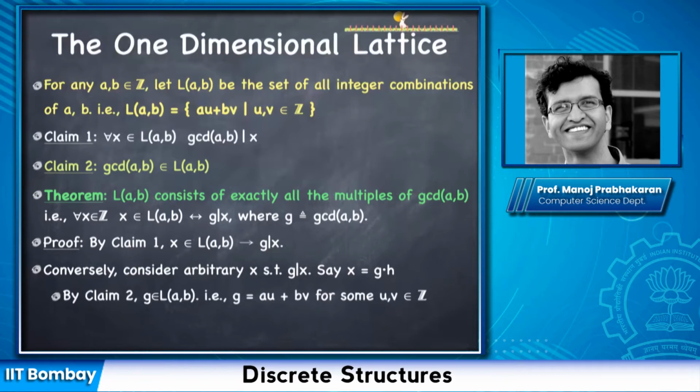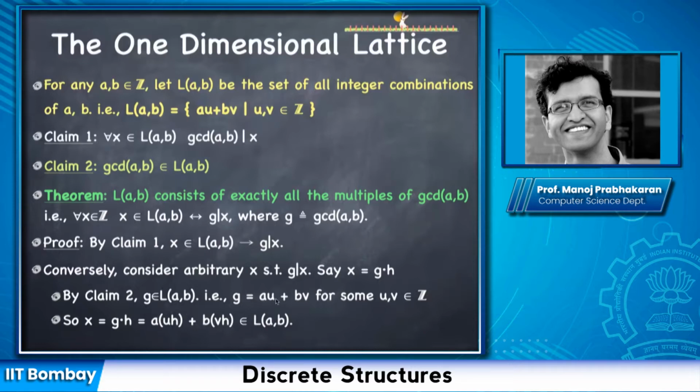But this is essentially because LAB is closed under multiplication. Let me go over that as written here. So I know G is in LAB, so I can write G as AU plus BV. That's the definition of LAB. And now if I consider G times H, it looks like AUH plus BVH, and that is also therefore in LAB.